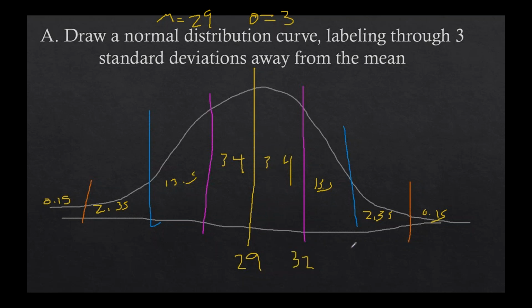The blue line, 35. And the orange line, 38. Very good. Okay, then we go to the left, which means we're subtracting. So we have 26, 23, and 20. Does anybody have any questions about that part of the problem?